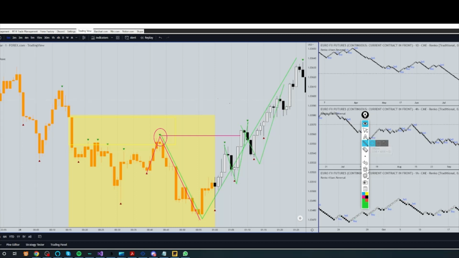This low that we see here is first phase distribution, and this is the second phase of distribution. All this that you see in the yellow area is the manipulation on the 1 minute, and you can see the market maker buy model playing out right there.